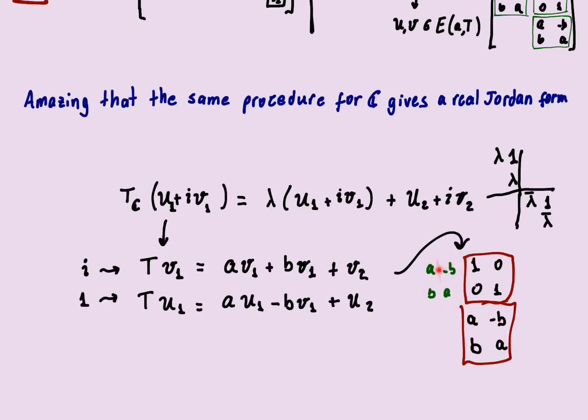The third block here is less important. It's just the fact that u2 plus iv2 in this example forms an eigenvector. So this explains why we can reaccommodate the real and imaginary parts of vectors whose matrix for the operator would look like this. By taking the imaginary part first and real part and writing them in the correct order, we get a nice block like this. I hope this helps clarify.